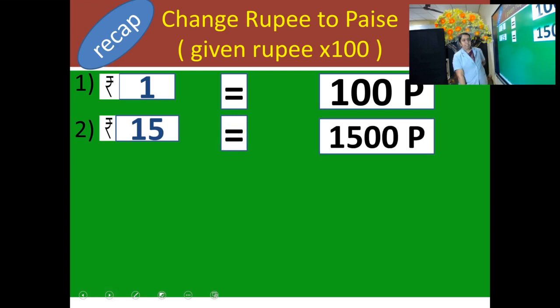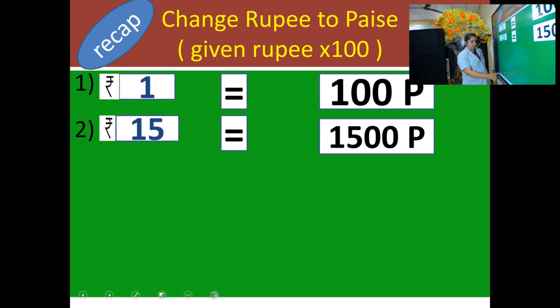How much are you getting? Yes, 1500 paisa. Listen, when you are writing the amount, you have to write it with the P. Is it clear? So paisa and rupee is an important thing. When you are writing rupee, you have to write the symbol of rupees. If you are writing paisa, you have to write the amount with the P.